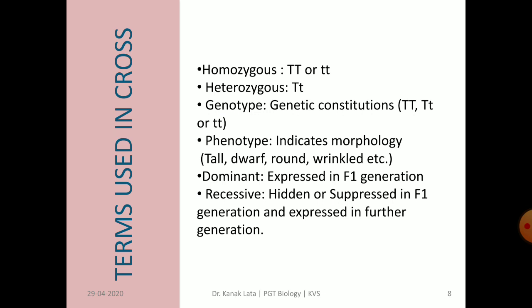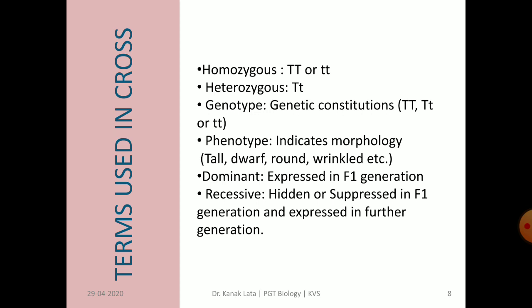Here you will see capital T for dominant homozygous and small t for dwarf. Second term is heterozygous. It means one of each allele, that is one dominant and one recessive.